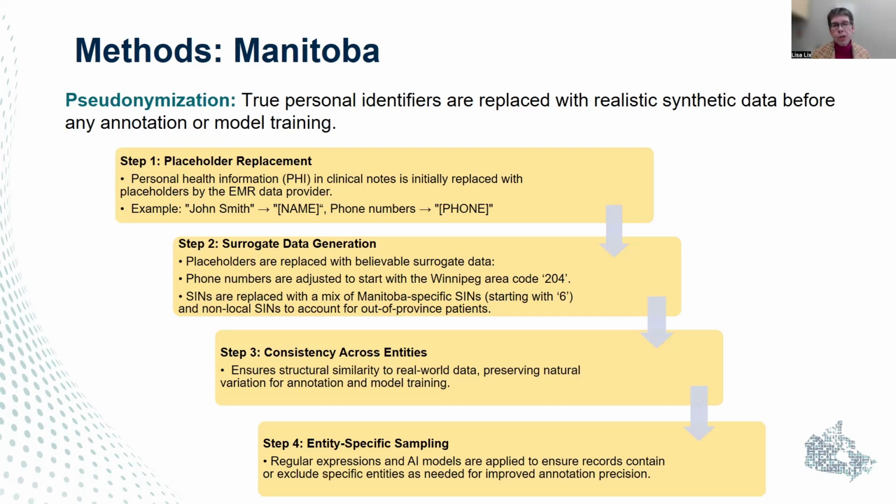Looking at ensuring that there's really believable data that are being included in the electronic medical records. And then looking at how we're going to ensure that the records contain the specific kinds of entities that we want for precision in our annotation process is a component of this.